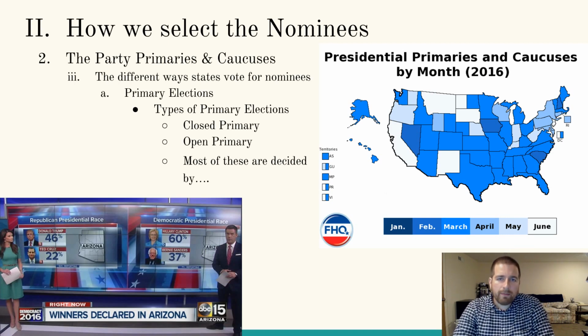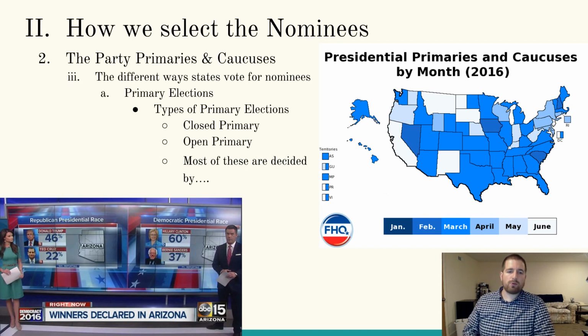I have to declare which party I'm with if I want to vote in their primary. An open primary is the opposite. I do not need to declare a party affiliation to vote. So if I'm an independent, I can choose whether I want to vote in the Democratic primary or in the Republican primary. If I am a Republican, but I actually like one of the Democratic candidates better, I can choose to vote in the Democratic primary and vote for the candidate I believe in the most in their party.